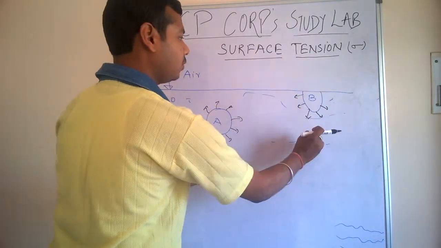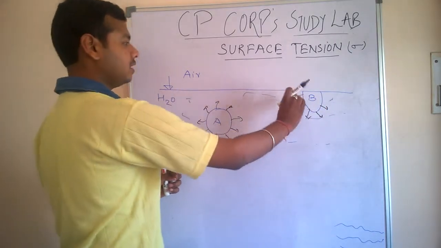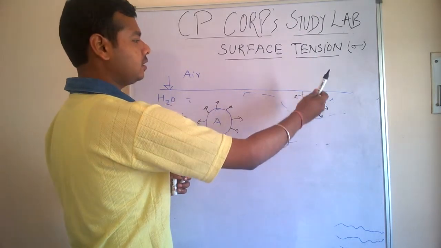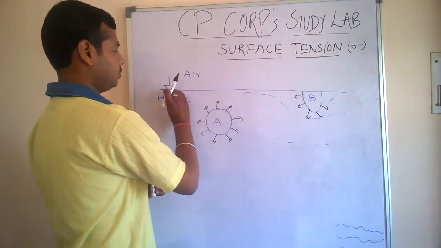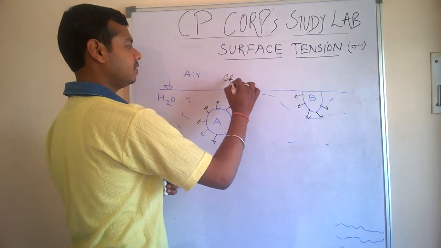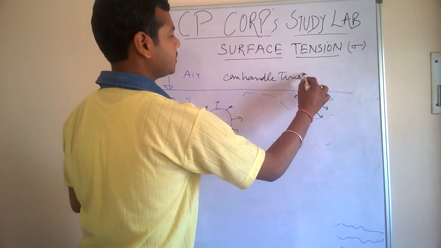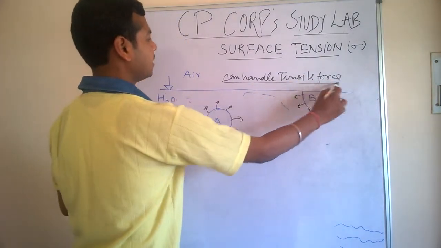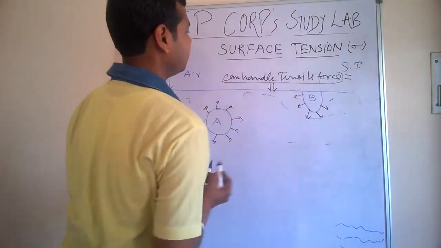So there is a net downward force, due to which the membrane of the water surface can handle tensile forces. This membrane of water can handle tensile forces, which is nothing but surface tension.